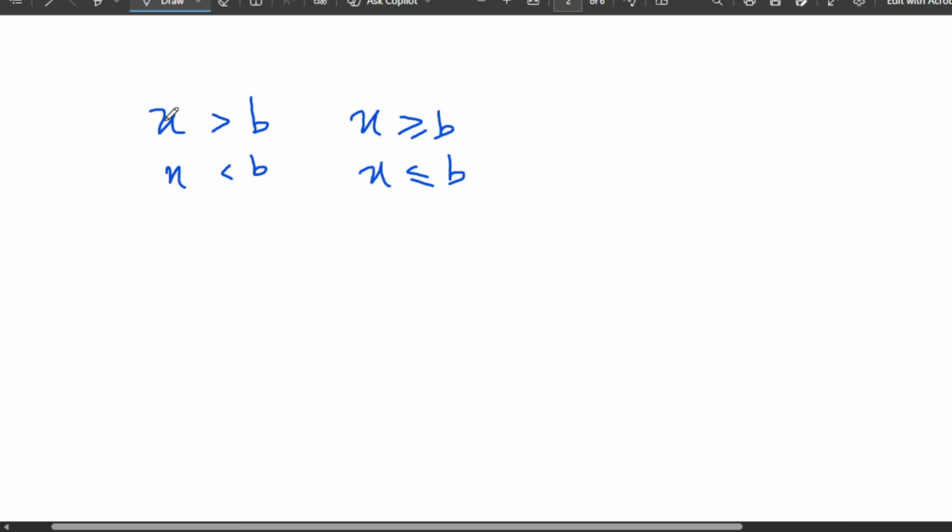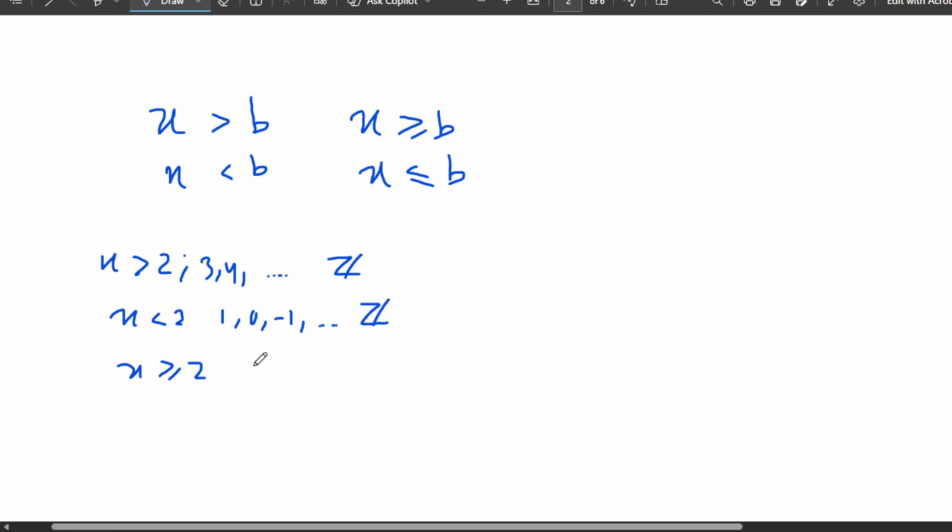For example, for x is greater than b, that means, let's say x is greater than 2, then x must be 3, 4, and so on, right? What if x is less than 2? That means x must be 1, 0, -1, and so on. This is where it's in the integers, it has to be in the integers. What if x is greater or equals to 2?